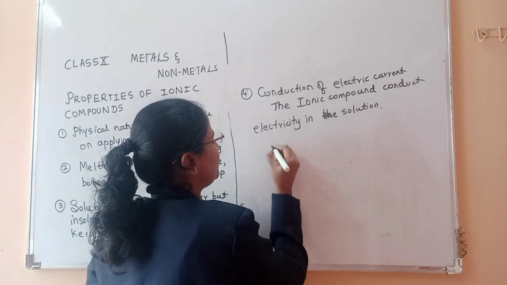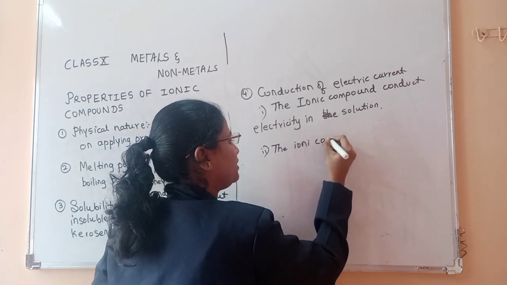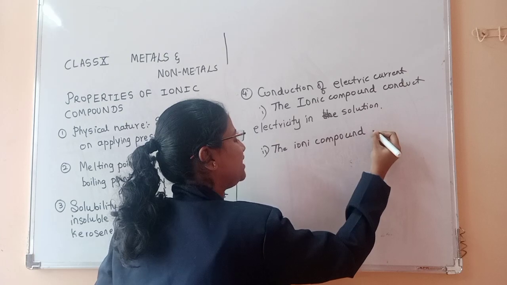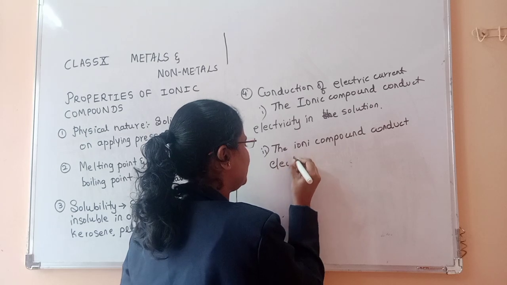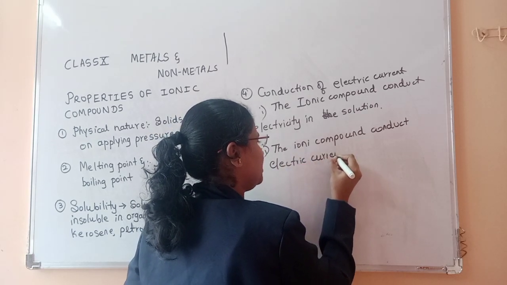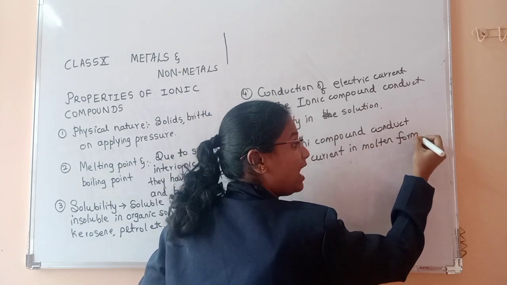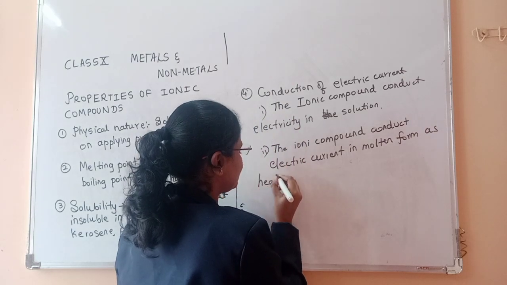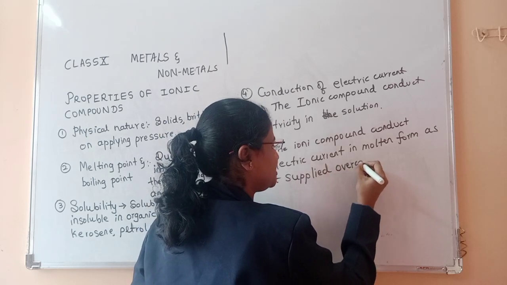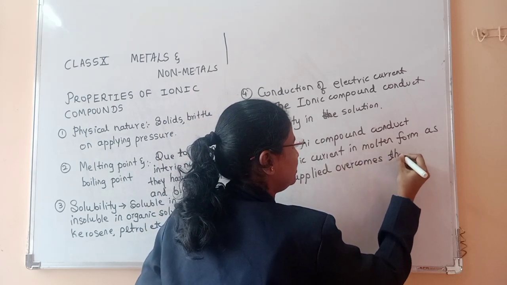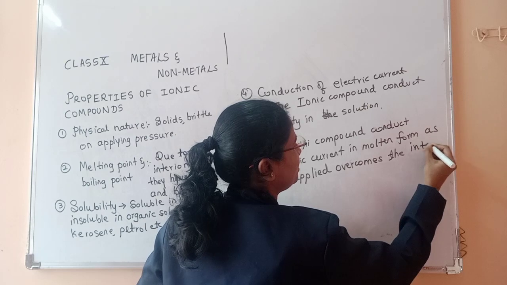Next point, the ionic compounds conduct electric current in molten form. Why? As the heat supplied overcomes, means it will be more than the interionic force.